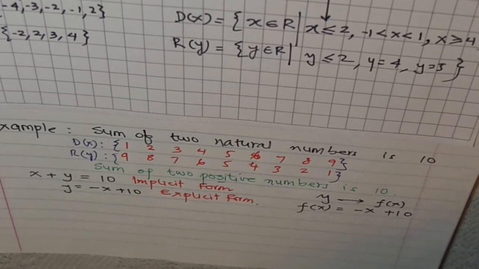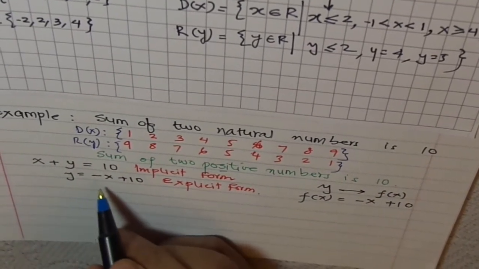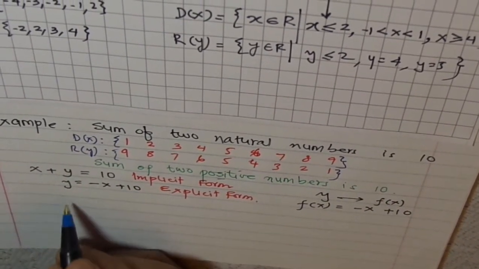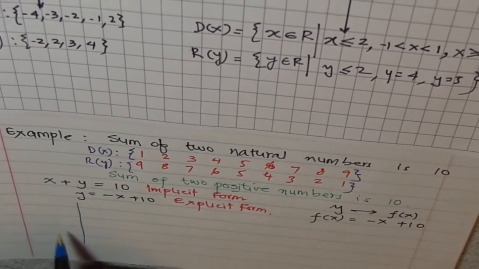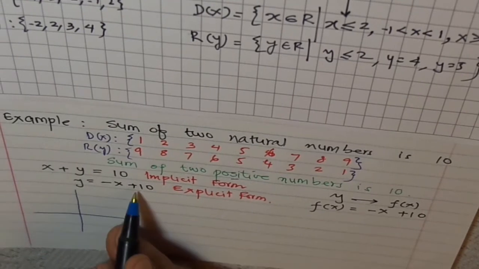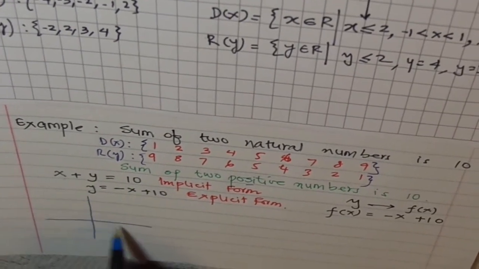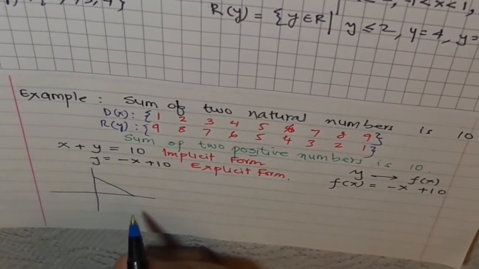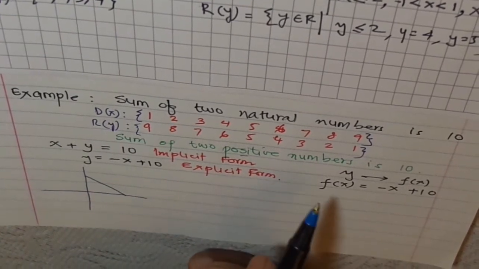Now, y equals minus x plus 10. What is this? This is a straight line, with minus x plus 10, y-intercept is 10, and the line goes down like this. Is that okay? We are only considering a set of positive numbers, right?